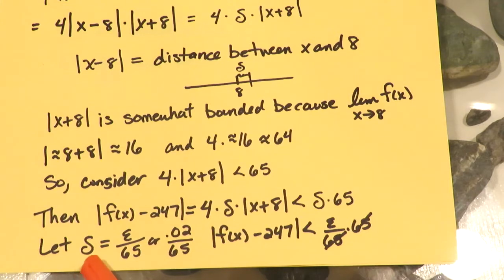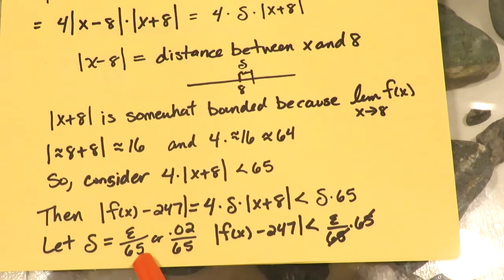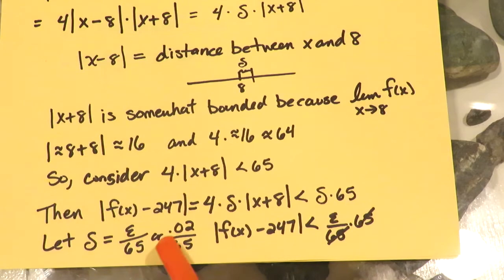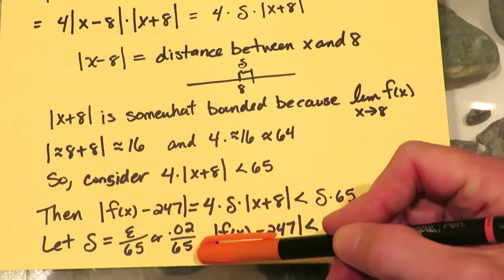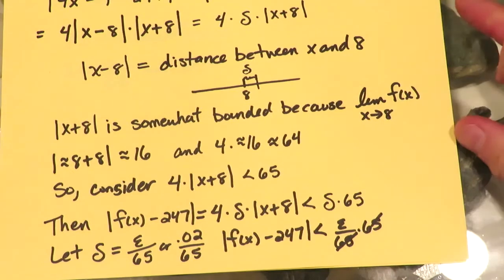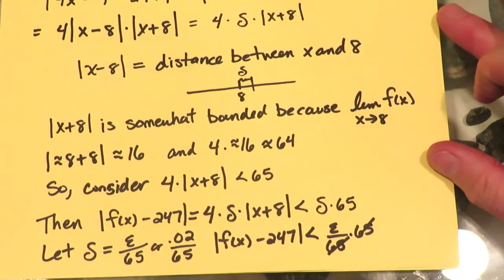Then let delta be epsilon divided by 65. Our example epsilon was 0.02, so we would take 0.02 and divide by 65. That's how we would get our delta tolerance.